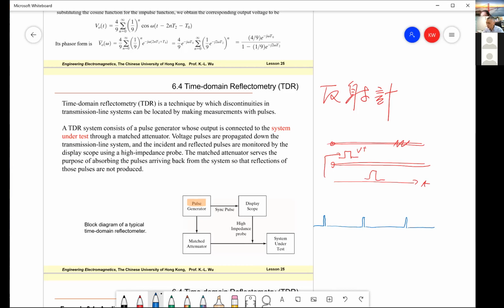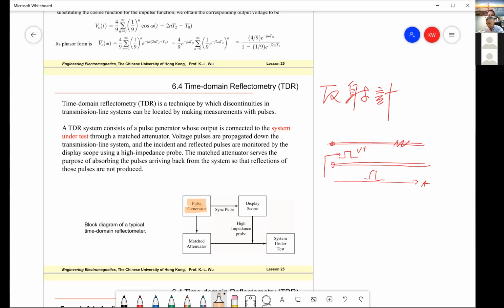The reason we have a long period is I need to make sure the reflection happens before the second pulse is launched. That's why we can easily identify the problem. I don't want all the reflections put together, which is very difficult to identify.